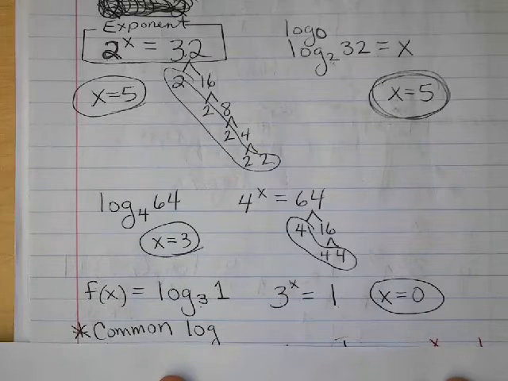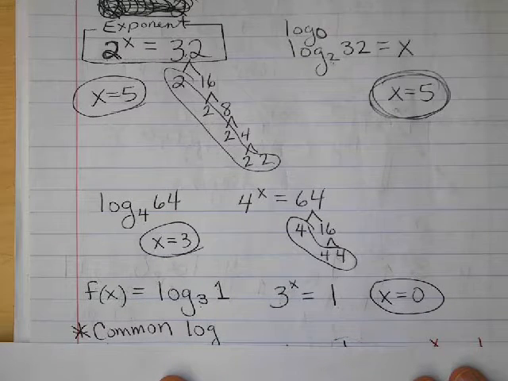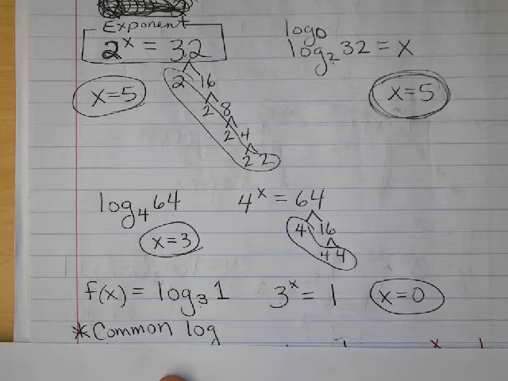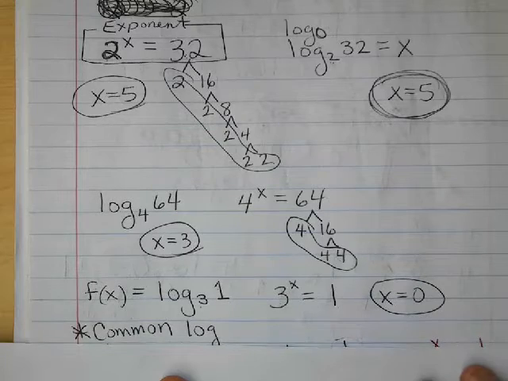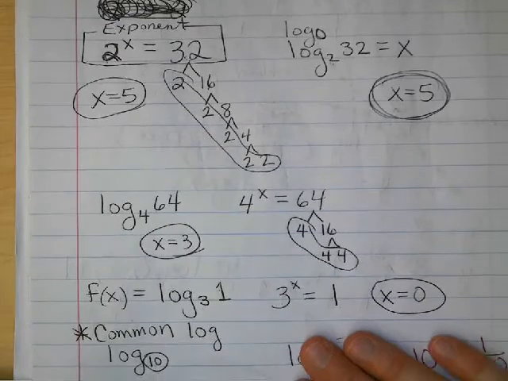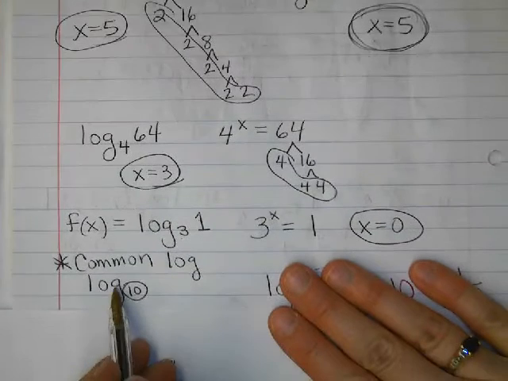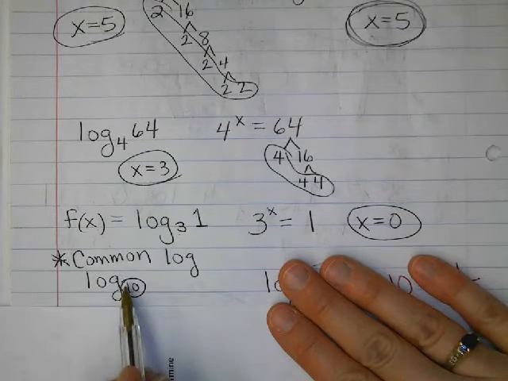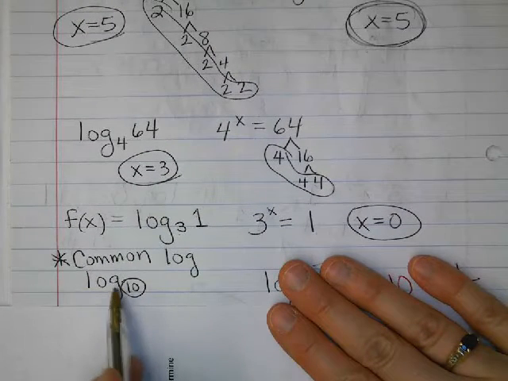And then there's a thing called a common logarithm. It's called common because it's used a lot. A lot of times people think of numbers in base 10. The common logarithm is base 10. So if they said log base 10, that one's considered the common logarithm.